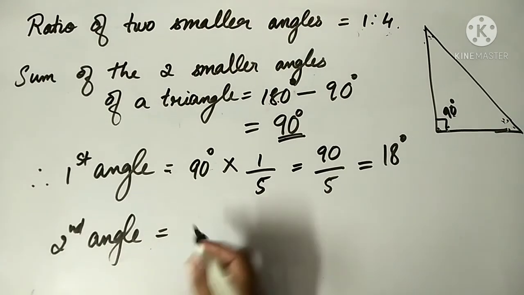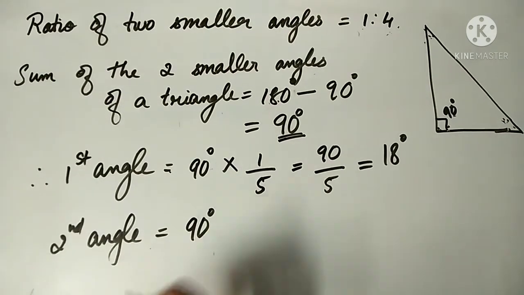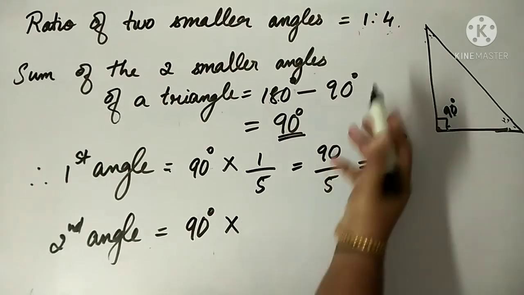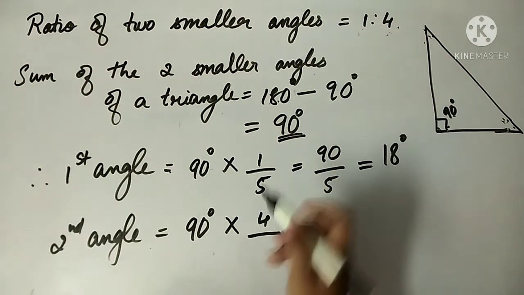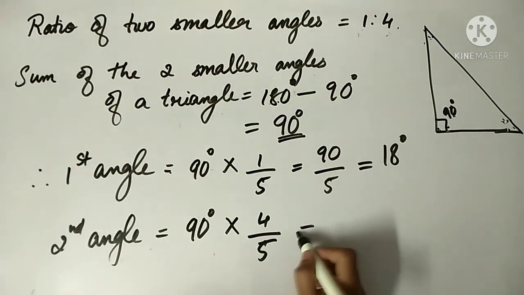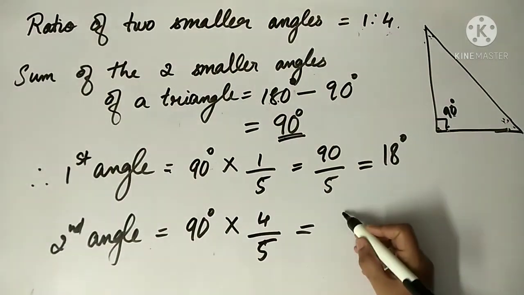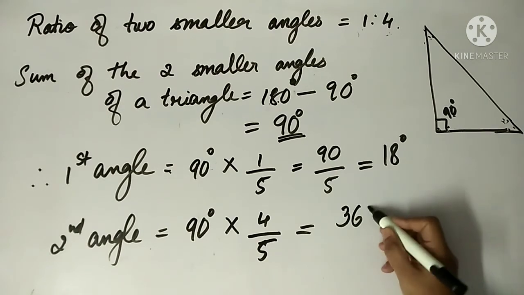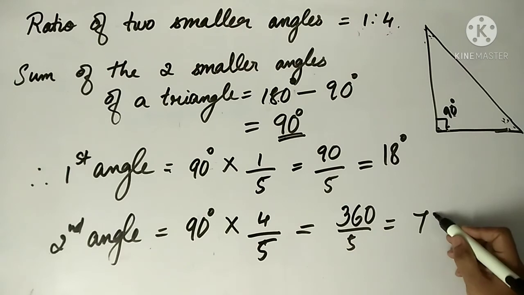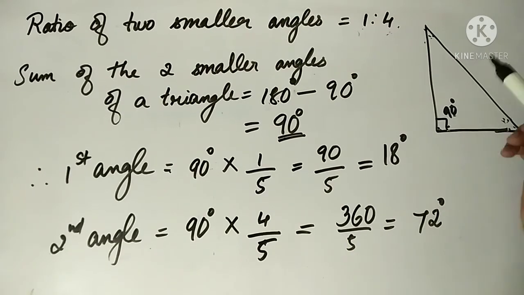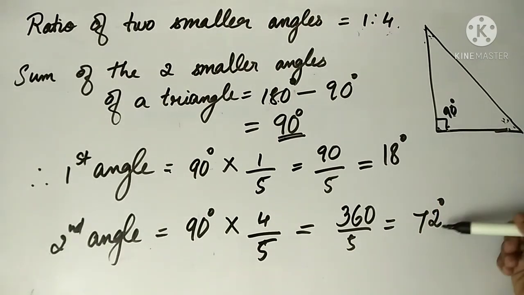Second angle is equal to out of 90 degree into ratio of the second angle, 4, by total of the ratio, 5. That is equal to 90 into 4 is equal to 360 degree by 5. That is equal to 72 degree. So the first angle is 18 degree and the second angle is 72 degree.